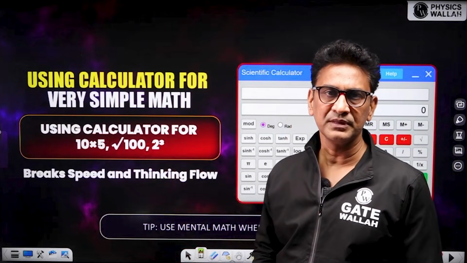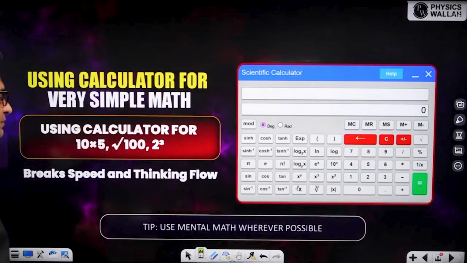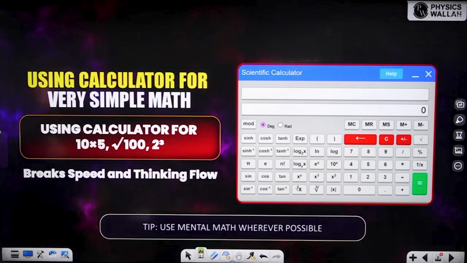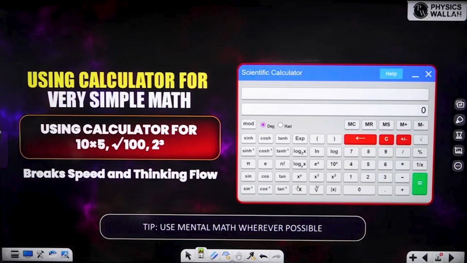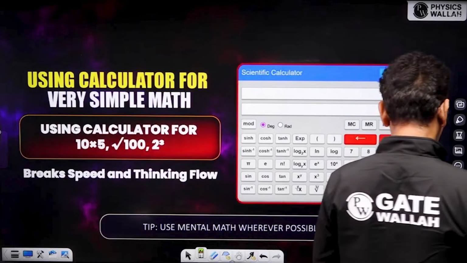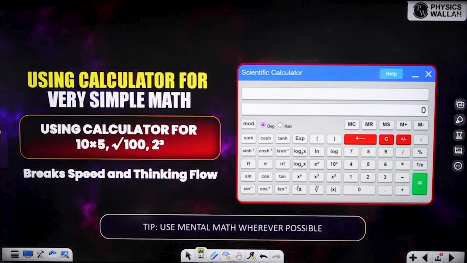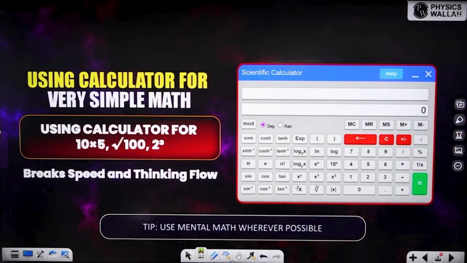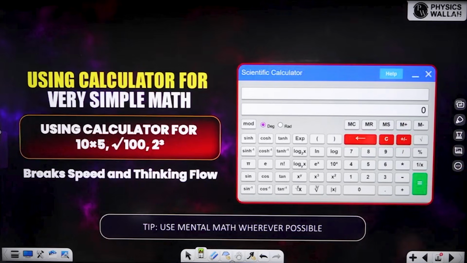We all know. So don't do every calculation using the calculator. It will break your speed and your thinking flow. So whatever you can do in your mind, please do it yourself. Only for difficult calculations, use the calculator.